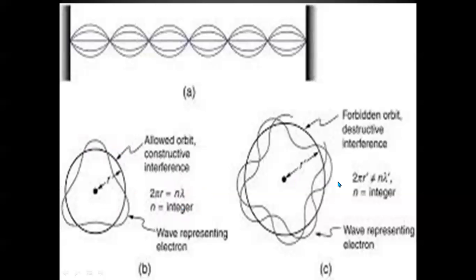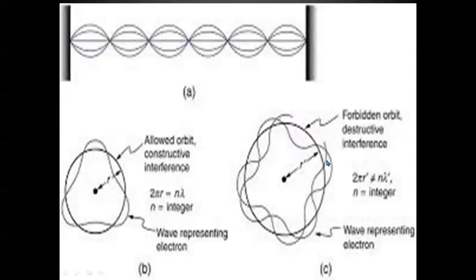Now this is forbidden. Why? Because this is not equal to a whole number n, 0, 1, 2, 3, etc. It may be a fraction, like 2.5, 3.5, whatever it may be. This is not a whole number.